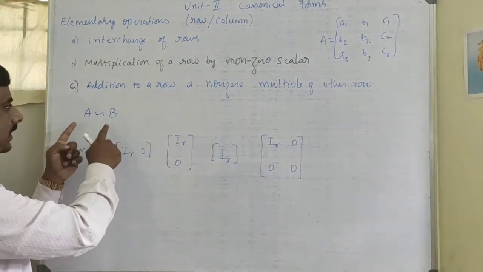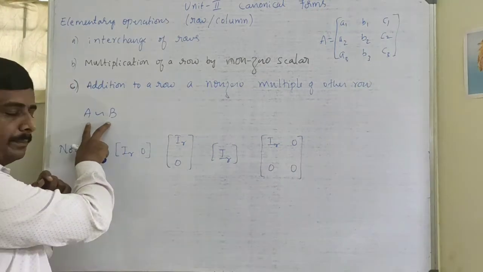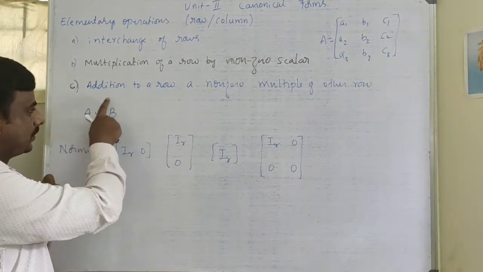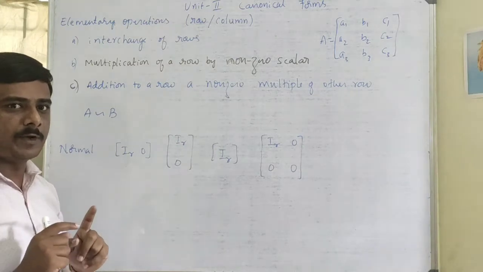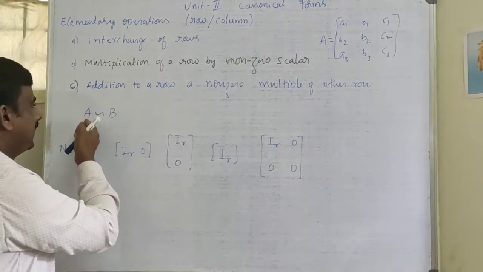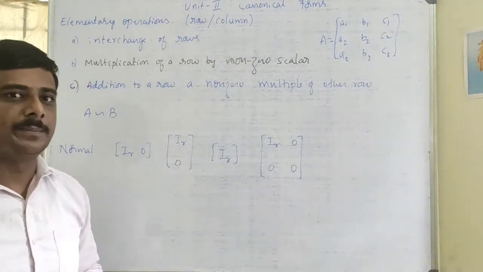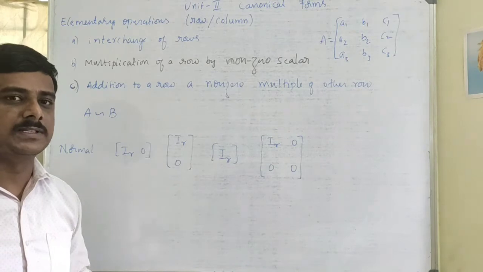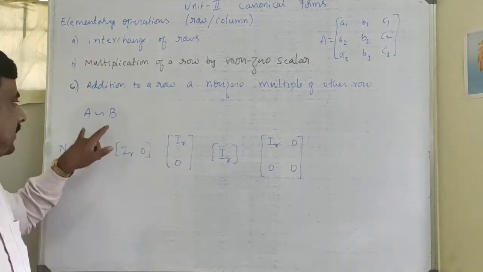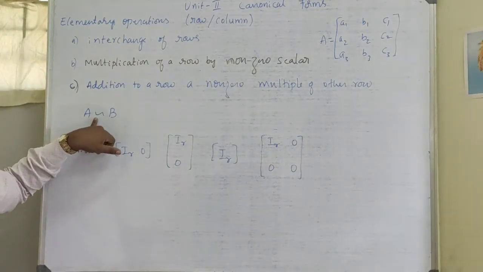In that case, we shall write A equivalent to B. The meaning of this is that one matrix is obtained from the other using elementary operations. If B is obtained from A, obviously A can be obtained from B. So if one is obtained from the other by applying elementary operations, then we say those two matrices are equivalent. Mathematically, we write it using the tilde symbol.